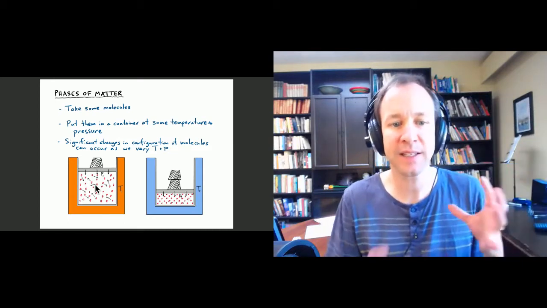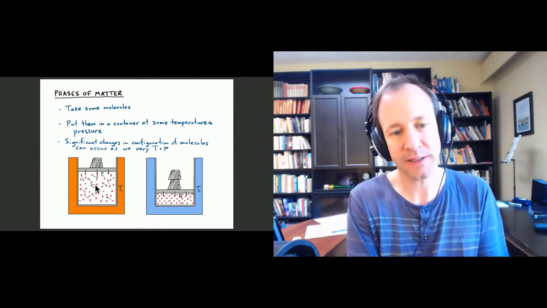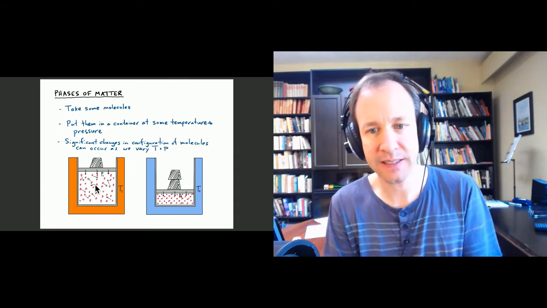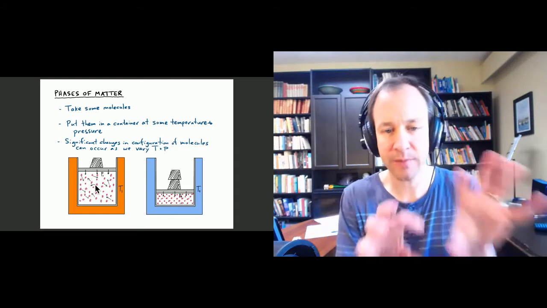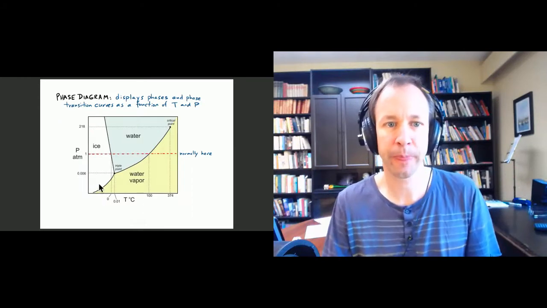And then depending on the pressure and the temperature, you might find sometimes you're in the solid phase, sometimes you're in the liquid phase, sometimes you're in the gas phase, and sometimes you're at these special points where multiple phases can exist at the same time.